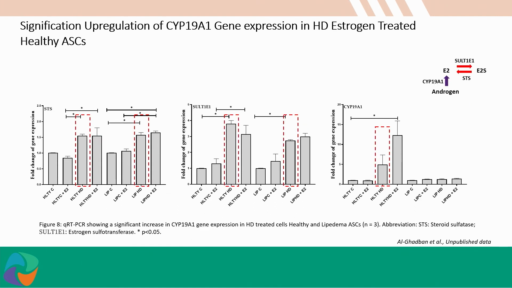When we looked at more enzymes, again, they are increased in hormone-depleted media, but what's interesting is when we treated with E2, we saw that aromatase, which converts androgen to estrogen, is only increased in healthy cells, but not in lipedema patients. So this is what's happening at the stem cell level.